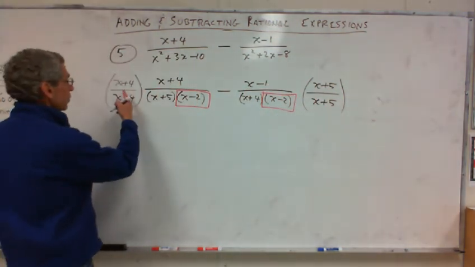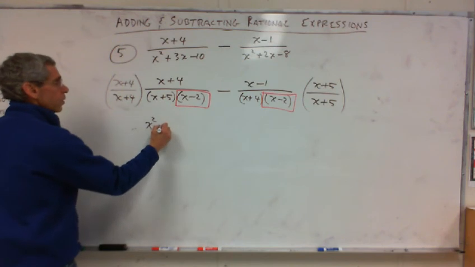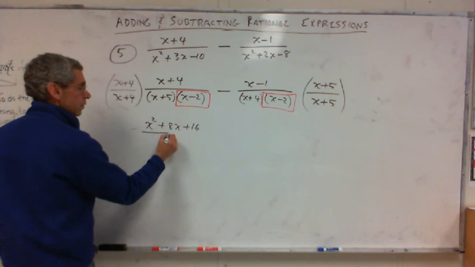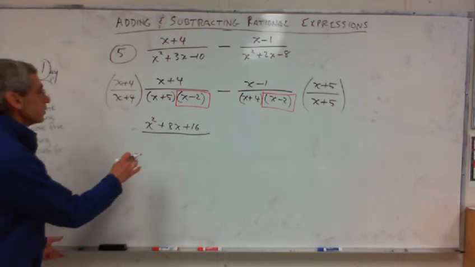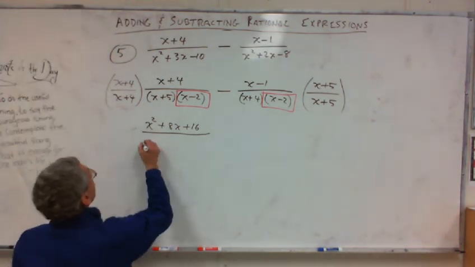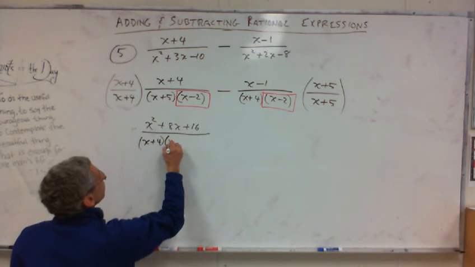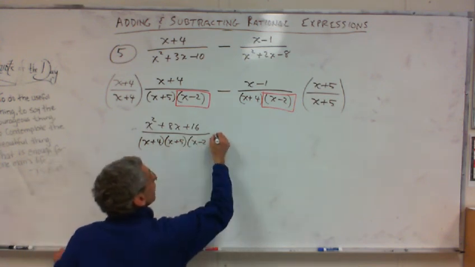X plus 4 times x plus 4 is x squared plus 8x plus 16. You have to multiply the numerators out. You do not multiply the denominators out. So now I have x plus 4 in the denominator times x plus 5 times x minus 2. And then I have a minus.